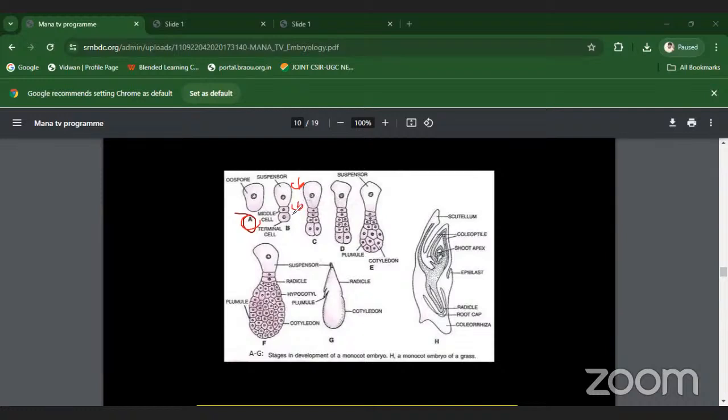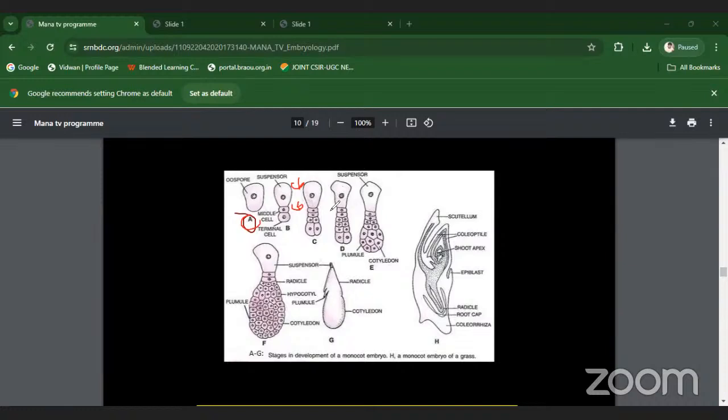The basal cell expands extensively into a sac-like structure without any further division. So we can see in the diagram also.